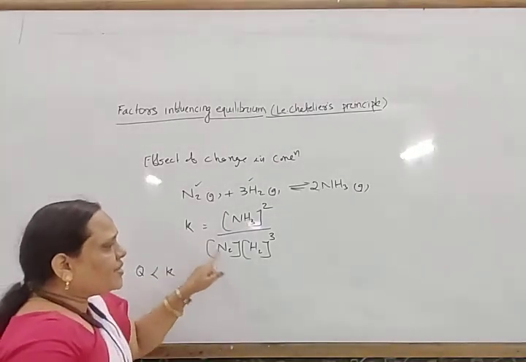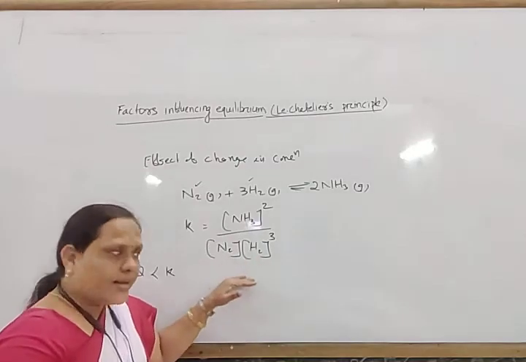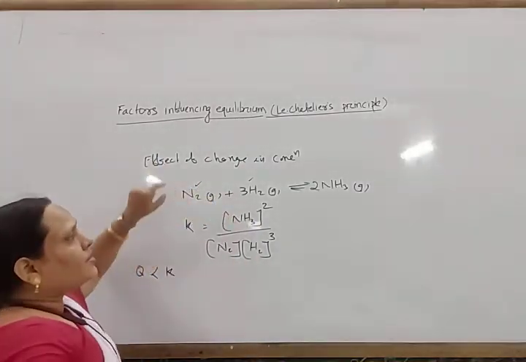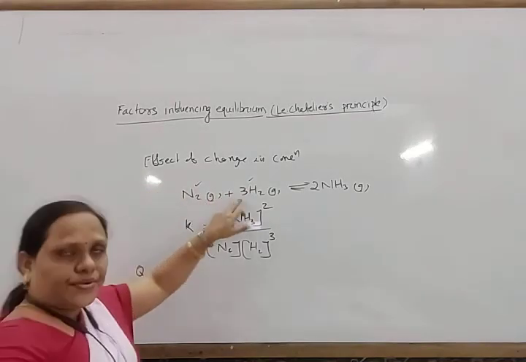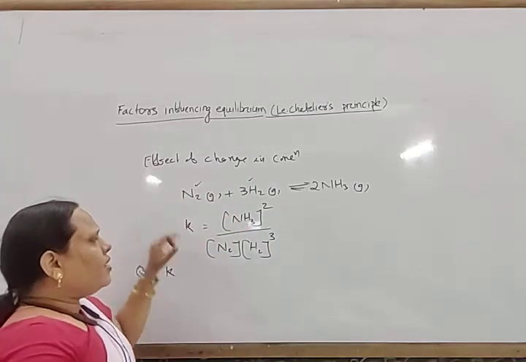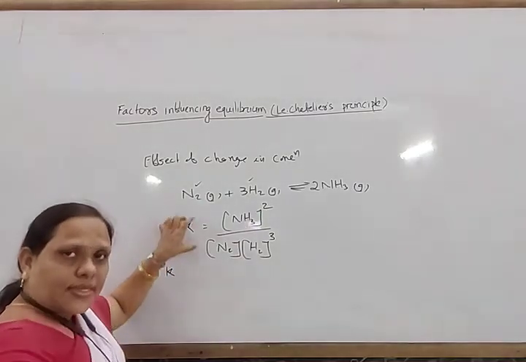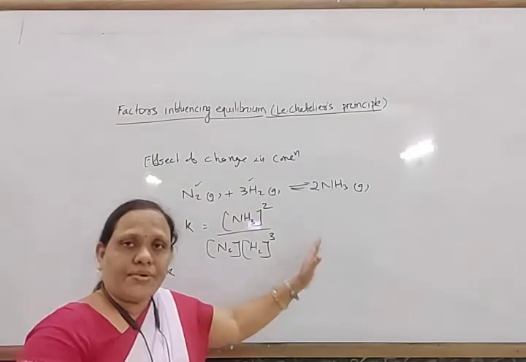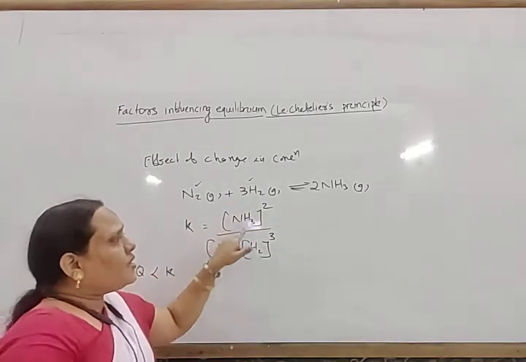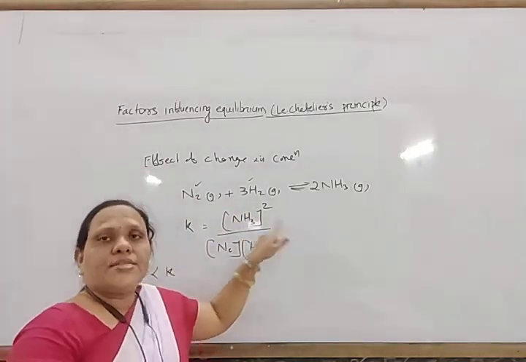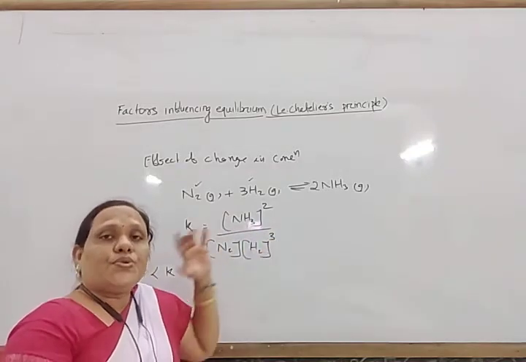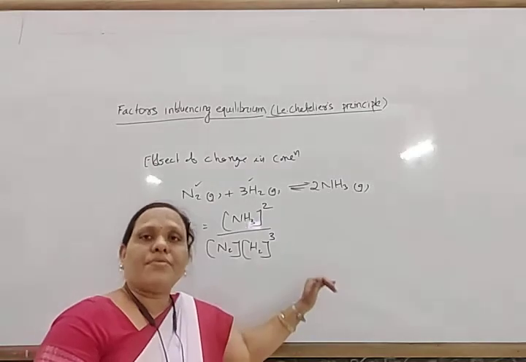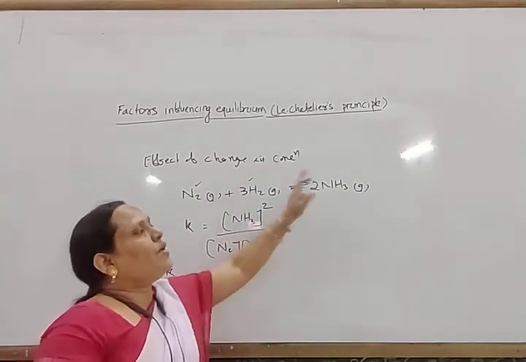If the concentration of nitrogen or hydrogen increases, the Q value will be less, and to achieve equilibrium the concentration of NH3 should be high. So to increase the concentration of NH3, the equilibrium automatically shifts in the forward direction so that more ammonia is formed.